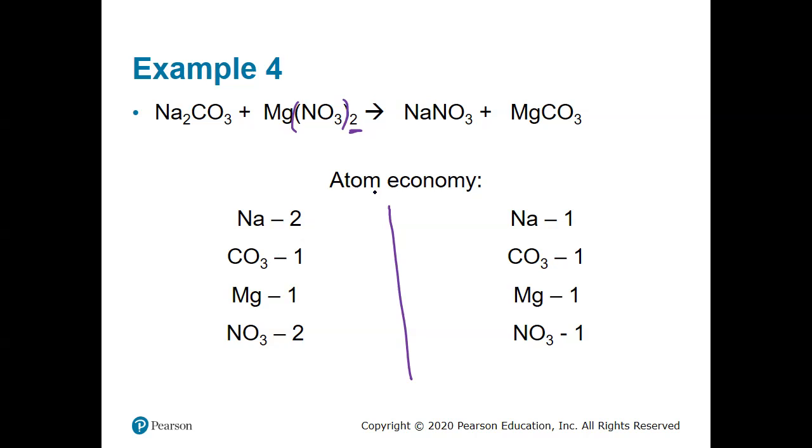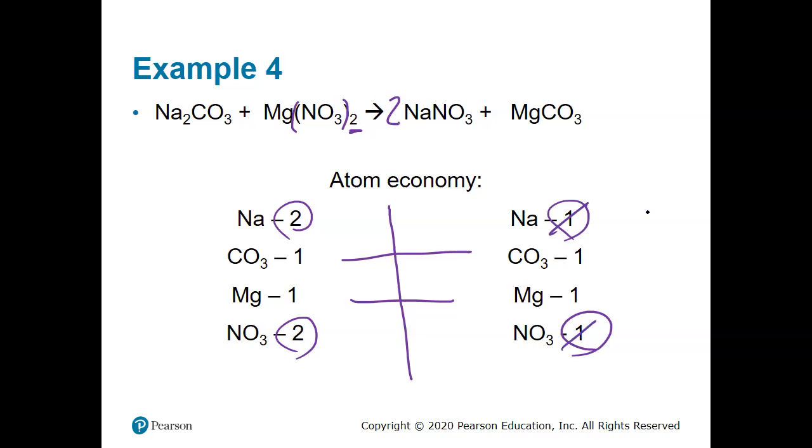Once again, you can see carbonates and magnesium are balanced. The only ones that are out of balance are the sodium and the nitrate, which happen to be in the same compound. So I put a coefficient of 2 in front to balance out them both.